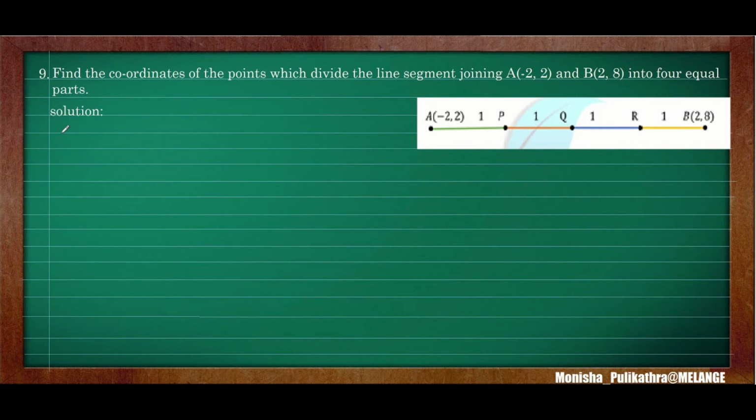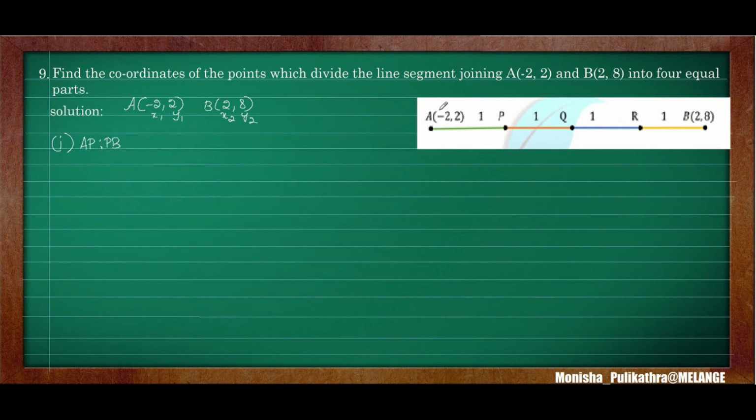Okay. So in the first case, first write down the points. One is A minus 2 comma 2 and B 2 comma 8. Here this is x1 y1 and this is x2 y2. So in the first case the ratio is AP is to PB.